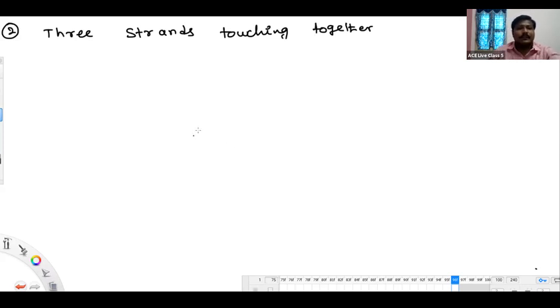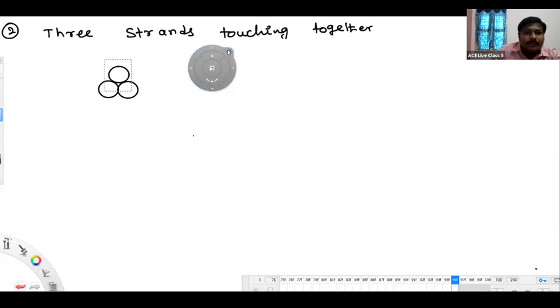This is strand number 1. Showing strand number 2. And strand number 3 should be in touch with the remaining two. So I'll say this top one is strand 1, this is 2, and this is 3. The radius of each wire is small r. It is like an equilateral triangle.